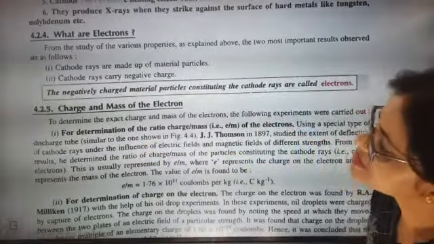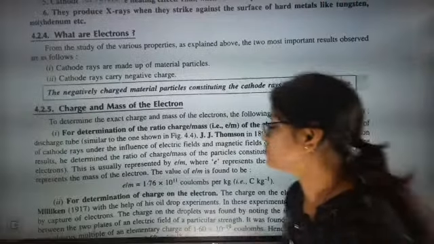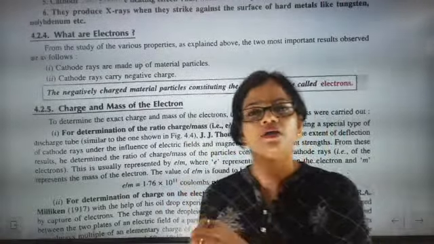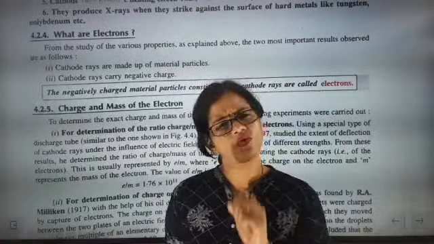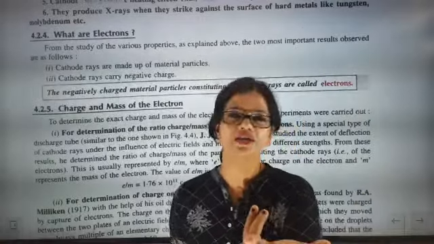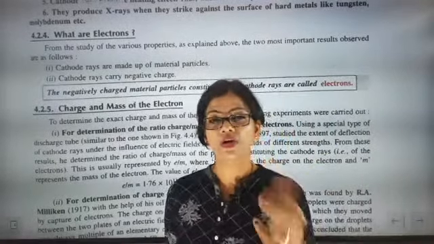Now we have to understand the charge and mass of electrons. Definitely one thing we have seen in J.J. Thomson's experiment, that they are material particles. We already know that their charge is negative. But what is the mass?